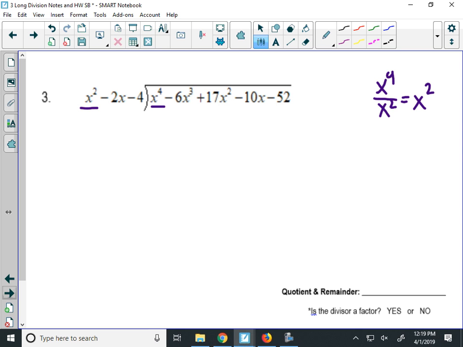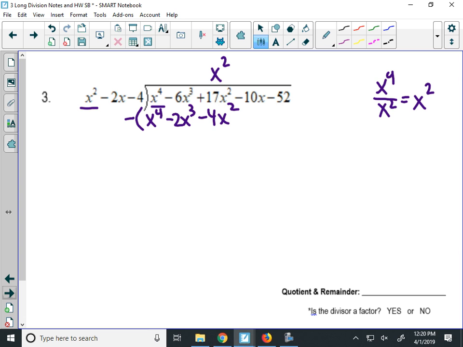Now, I put that right over the other x squared. And you're going to multiply all 3 of the terms in the divisor by x squared. So x squared times x squared is x to the 4th. x squared times negative 2x is negative 2x cubed. And then minus 4x squared.